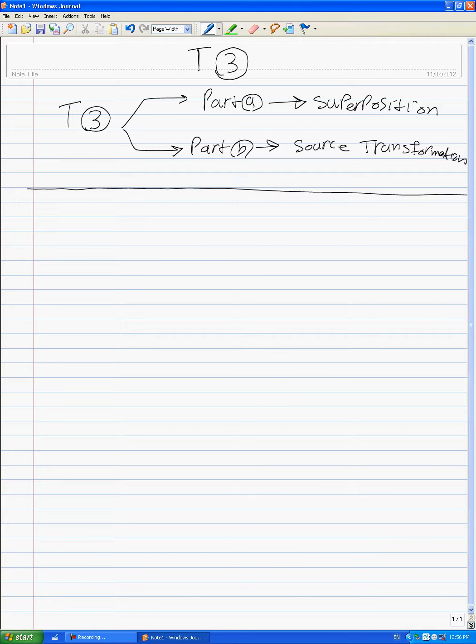Now I'm going to start part A, question 1. In this question, the goal is to find I1 using superposition technique.